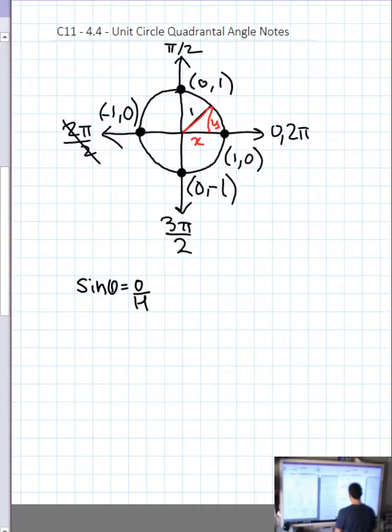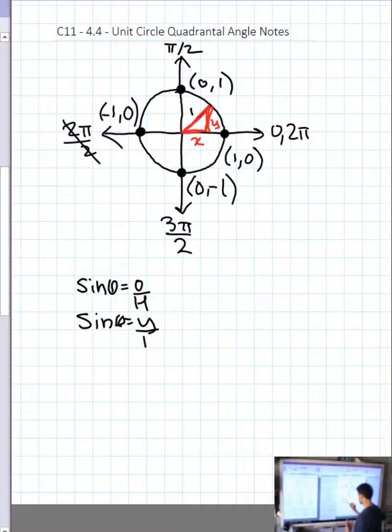Well, let's substitute. So let's say sine theta is equal to, well, what is the opposite of that triangle in the unit circle above? Well, the opposite of theta near the origin (0, 0) is a y value. And the hypotenuse of that triangle is 1 because it's the unit circle and it has a radius of 1.